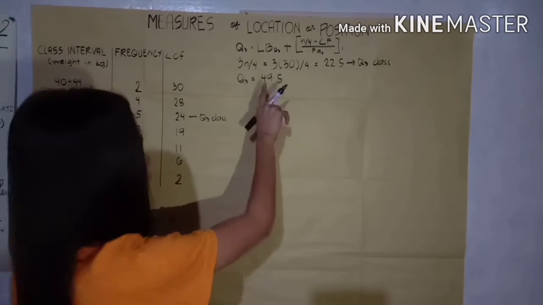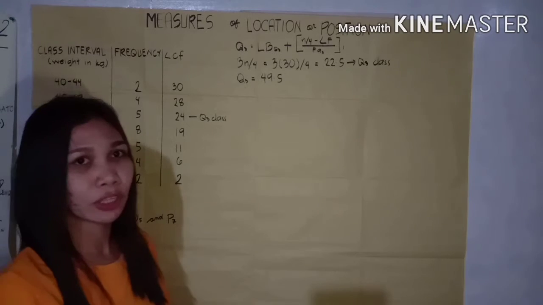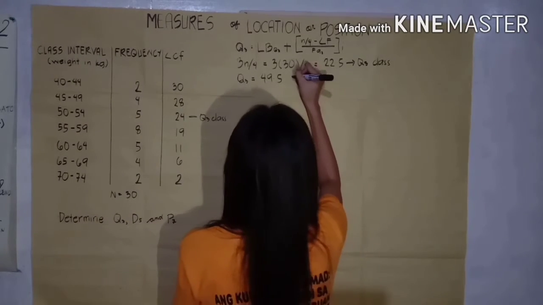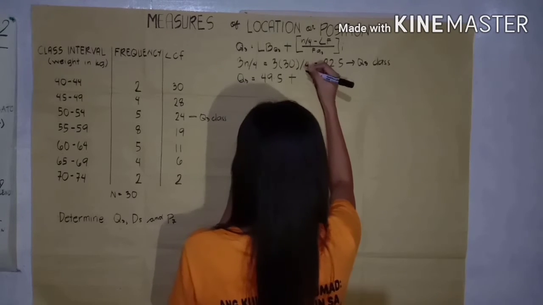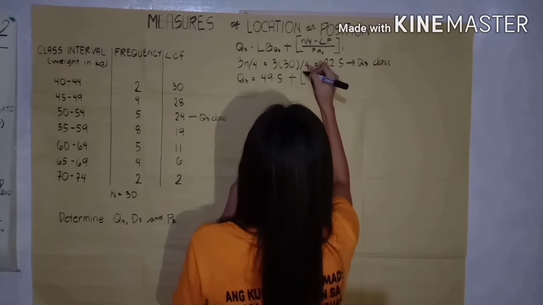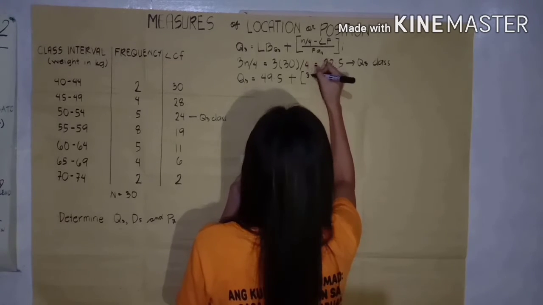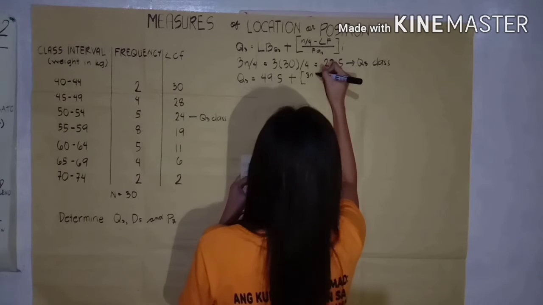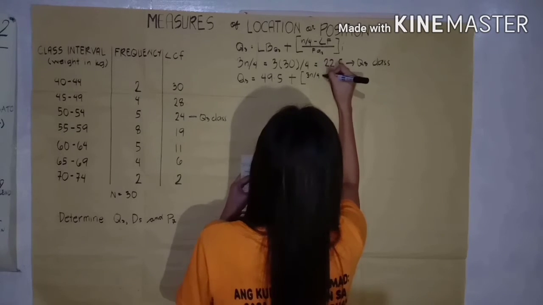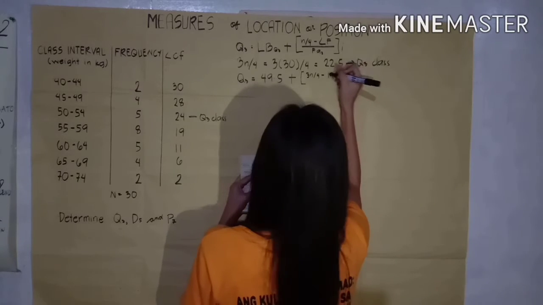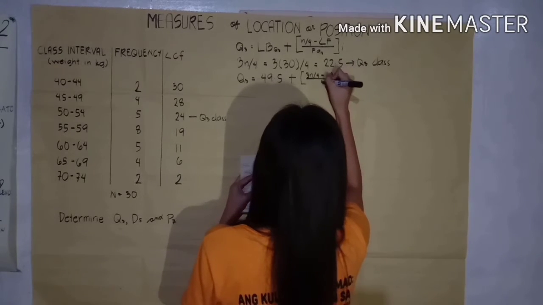So 49.5 is our lower boundary in the Q3 class interval. Then plus the 3n divided by 4 minus 19 over 5.